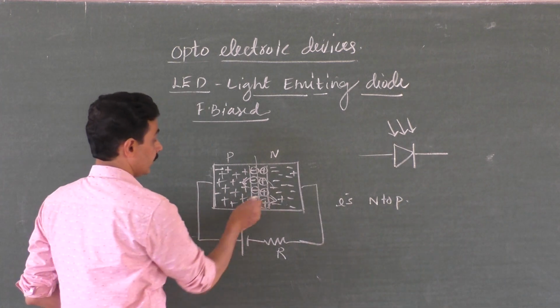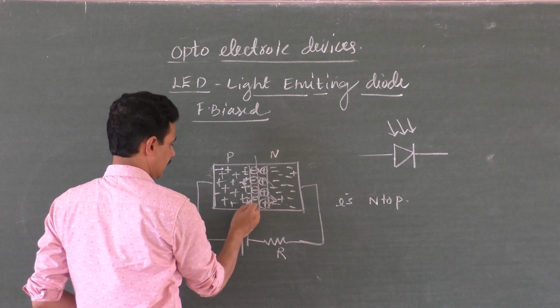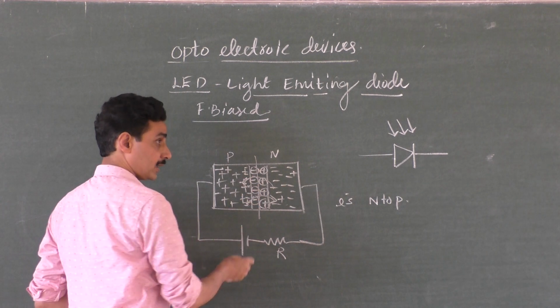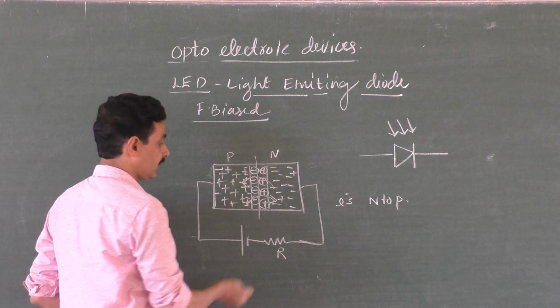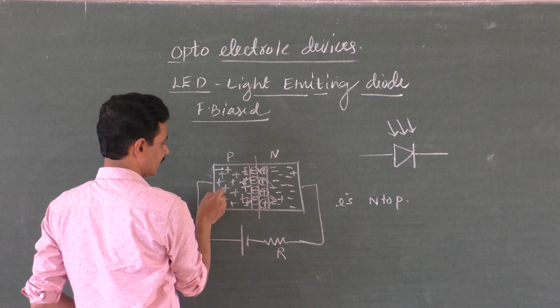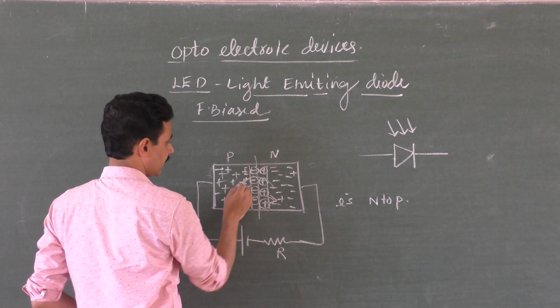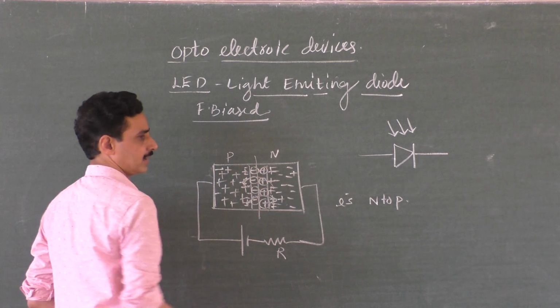Here we have electrons, and of course this is because of biasing, not because of initial diffusion, because initial diffusion has caused the depletion layer. Because of biasing, these electrons have come here. They are the minority carriers for this region. Similarly, holes will go and accumulate here near the junction, and holes are the minority carriers.